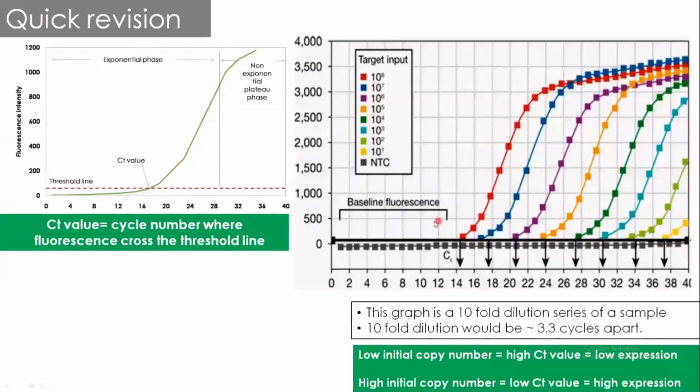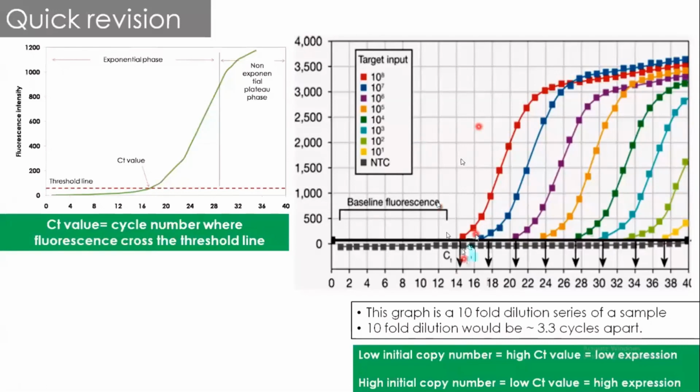In this particular picture, what you can see is that every tenfold dilution, either the red one or the blue one, violet, and so on, every reaction is done on a 10-fold dilution of the starting material, or you can say the sample. And every 10-fold dilution causes a 3.3 cycle difference.